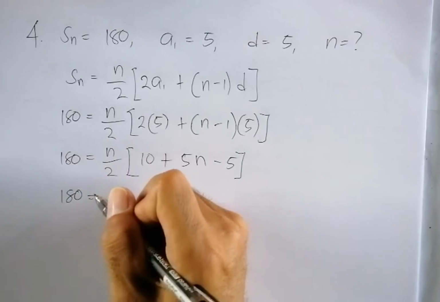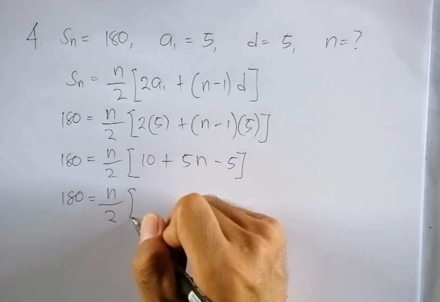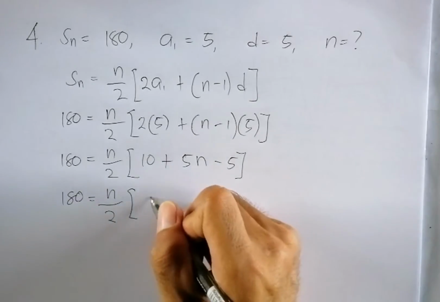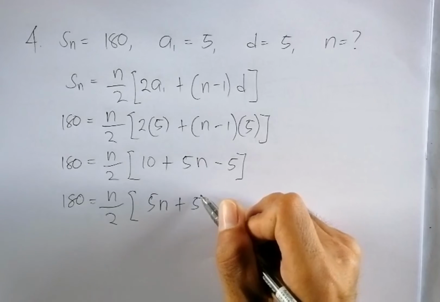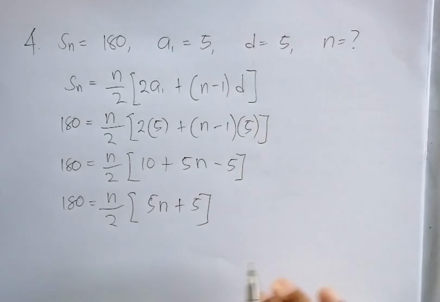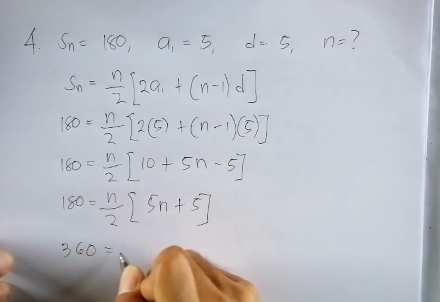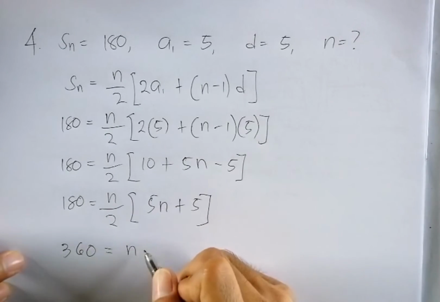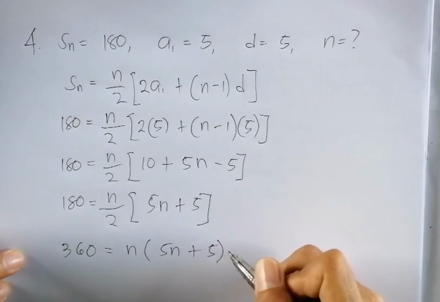We have 180 equals n over 2, 10 minus 5, so that is 5, then 5n. Then we can apply the cross multiplication. So we have 180 times 2, that is 360, is equal to n times the quantity of 5n plus 5.